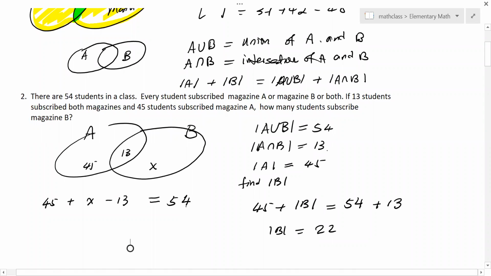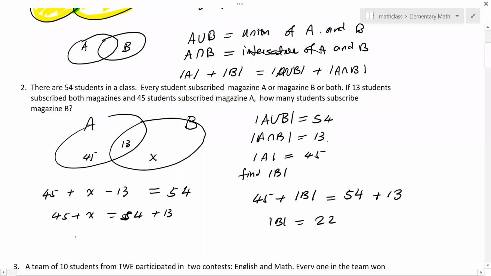And then from here, you simplify the equation. You can move 13 to the other side, add 13 to both sides, and then you get x equals 54 plus 13 minus 45, and finally simplify it.